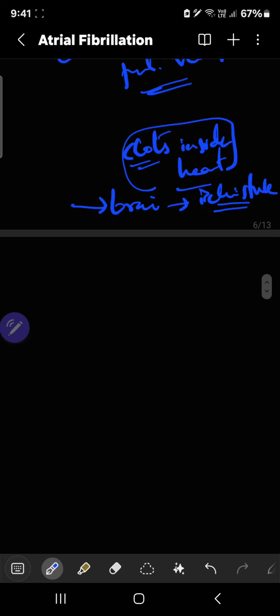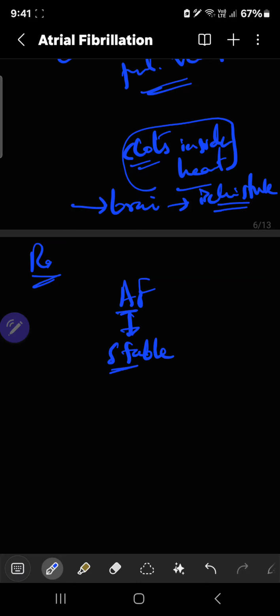So regarding the treatment part, whenever you see an AF, first we have to see whether the patient is stable or not. If the patient is stable, again you have to check for the rate, if it is more than 200, and whether there is a broad QRS complex.